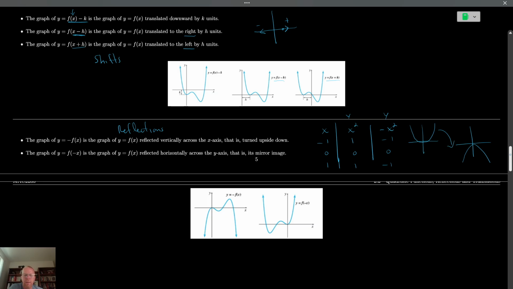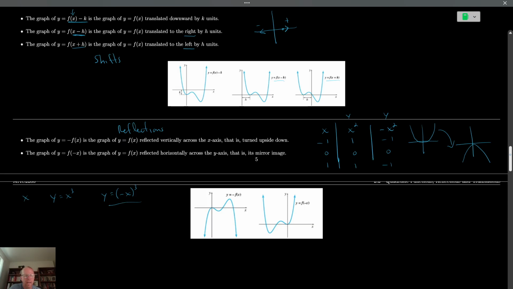Now, if you put this inside, now it is going to be reflected horizontally across the y-axis. And so we won't use x squared because if you reflect that, it just looks the same. But let's do x cubed. So y equals x cubed. Y equals negative x cubed. That's what that would look like.